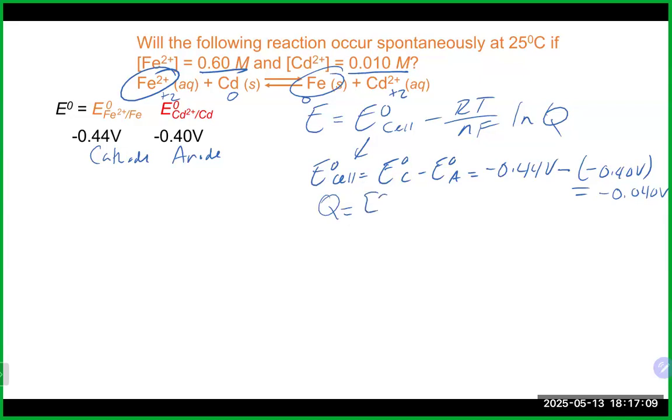So in this case, a little cadmium, and in this case, some iron 2. Other ones are solid, which don't get included like normal. Hence why you only have 2 numbers given to you, 0.01 and 0.6. So 0.01 divided by 0.6 is 0.01667. We'll do around there.